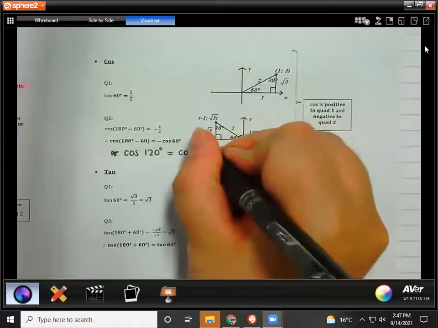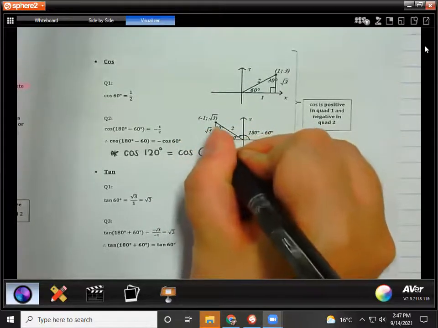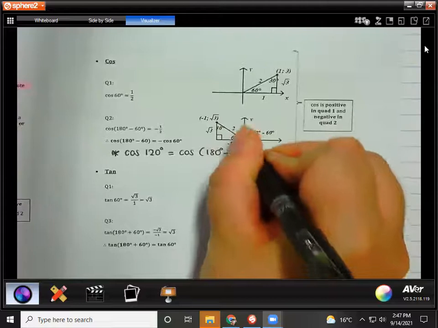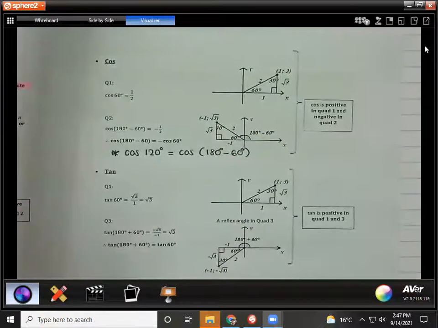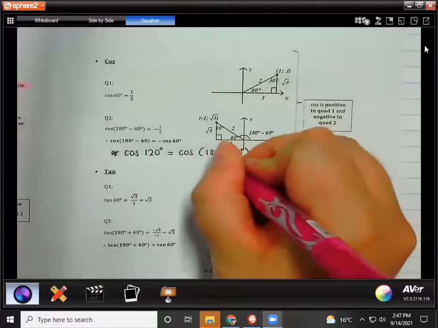You can rewrite 120 as 180 minus 60. Now you're going to ask yourself, which quadrant is 180 minus 60 in? Or 120, which quadrant is that angle in? Quadrant 2.